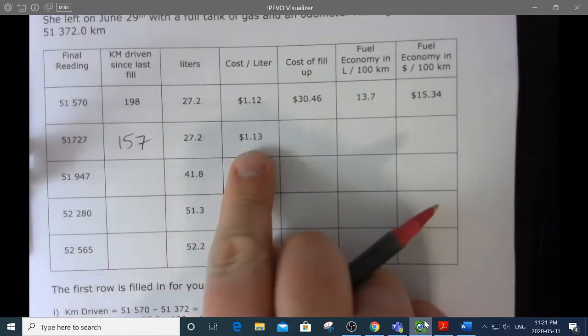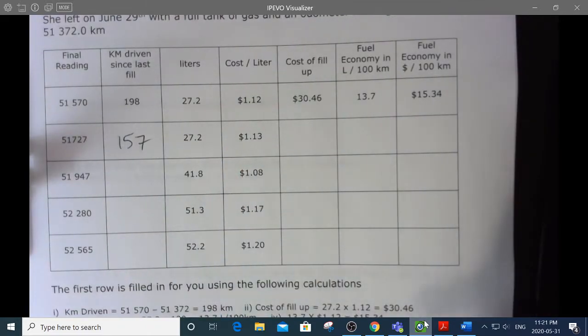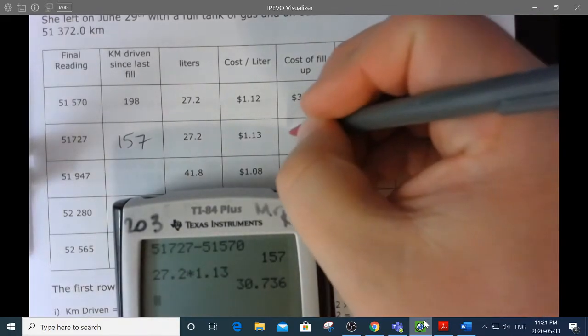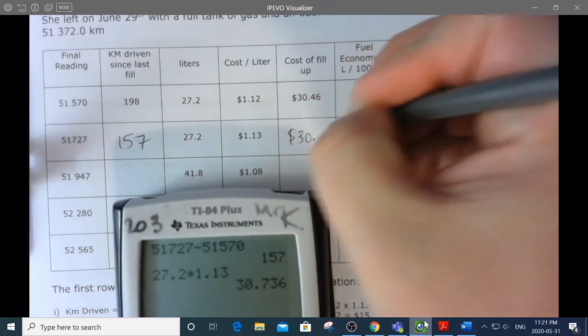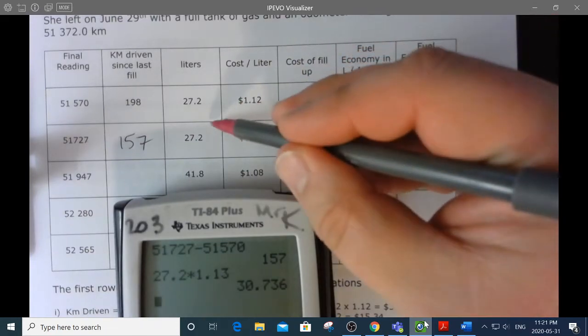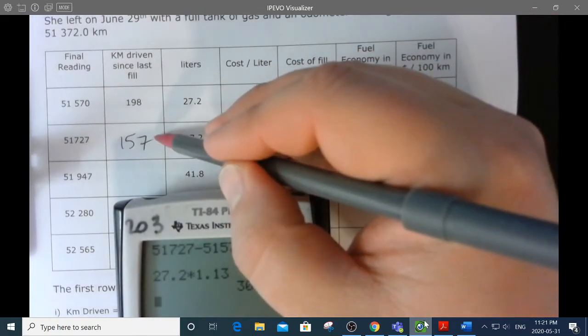Okay, and the tank, they buy 27.2 liters. Cost per liter, gas went up from the last time they bought it. So the cost of the fill is 27.2 times $1.13, which is $30.74. The fuel economy is this many liters divided by this number divided by 100, right?